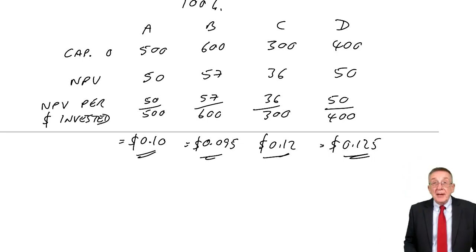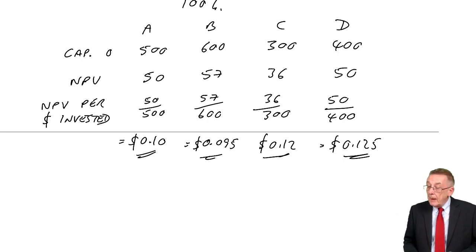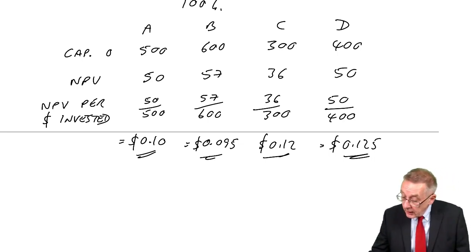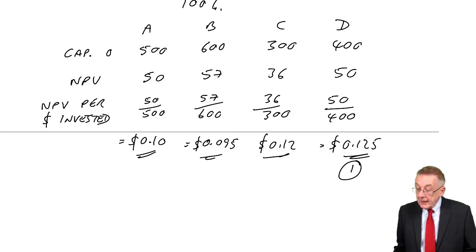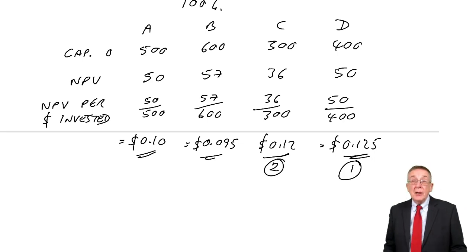We want to invest our money in whichever way gives the biggest NPV. And so the best one to go for would be D, and we'll get 12.5 cents per dollar. Second best would be C at 12 cents per dollar.